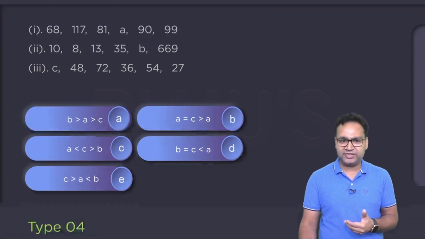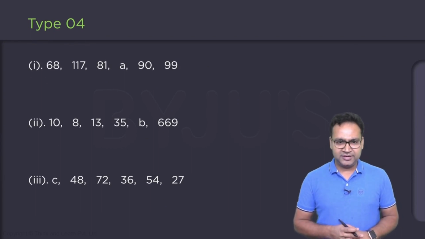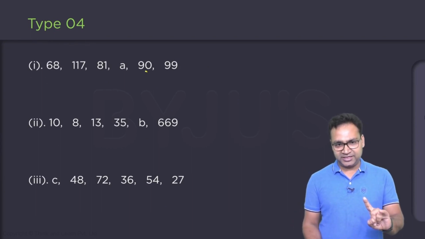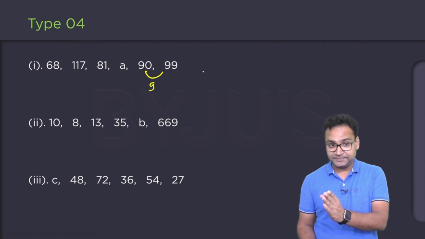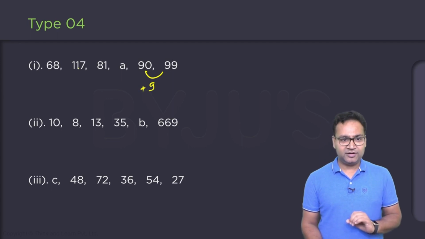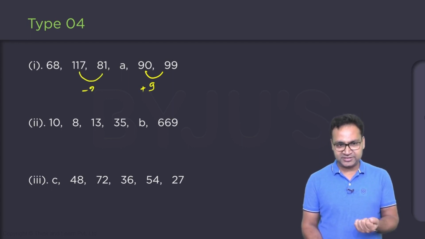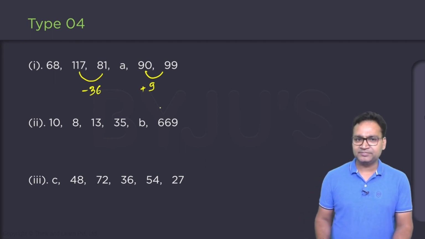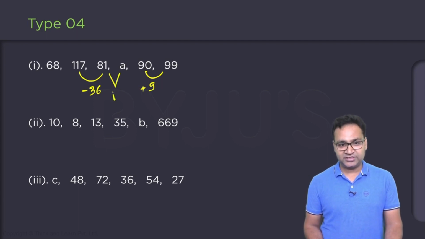So let me have some space on my slide. I'm looking at the first number series. I can clearly see this difference is 9 and in fact this is plus 9. Okay, perfect. I can see this difference is 19 and 17, 36. It is minus 36. If it is 9, it is 36. 9 is 3 square, 36 is 6 square. Maybe this is 5 square.